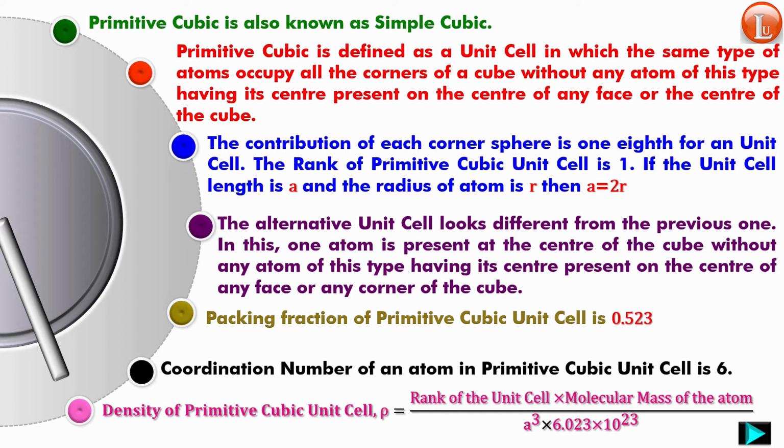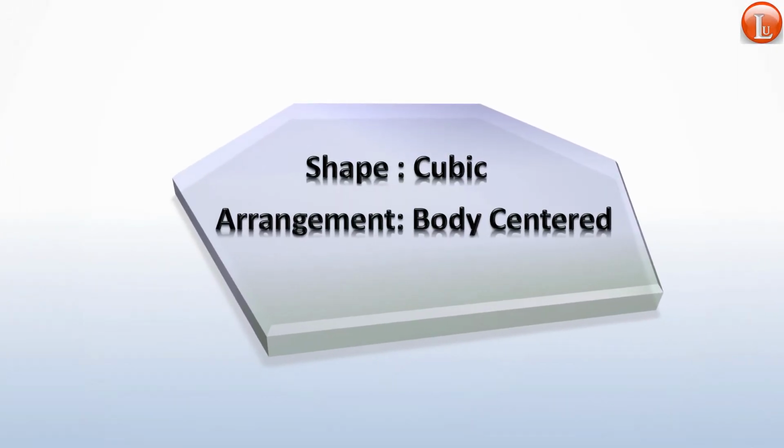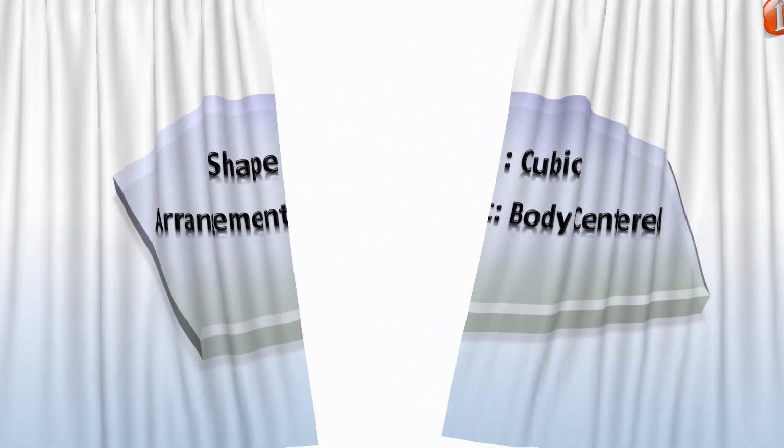The next arrangement that we move on to is called the body-centered unit cell. So let's check out the master slide of the body-centered cubic unit cell. The first thing we need to understand is how a body-centered unit cell is defined.